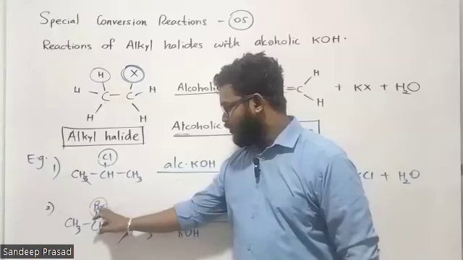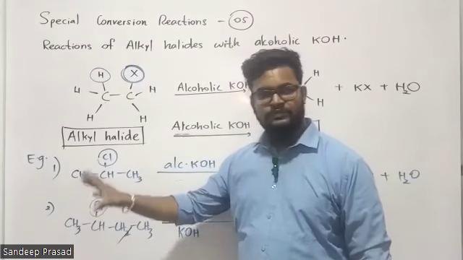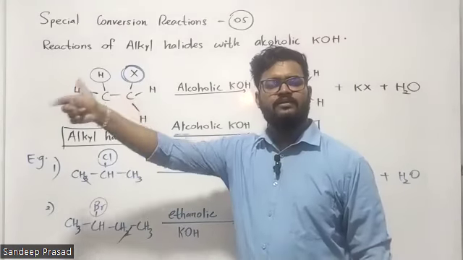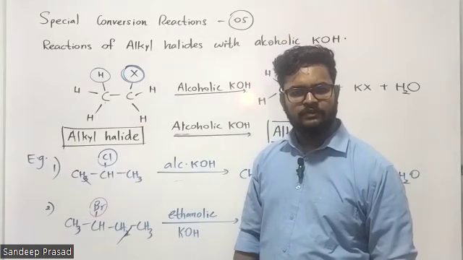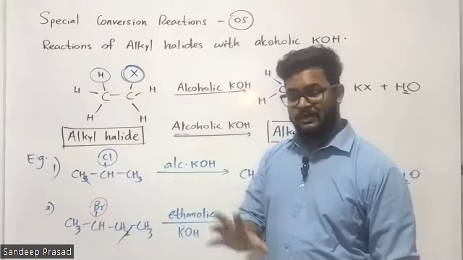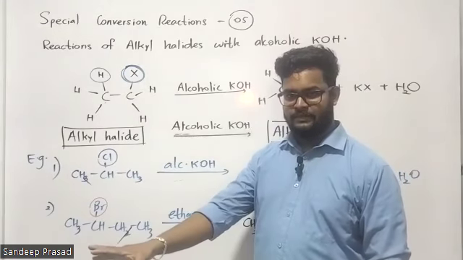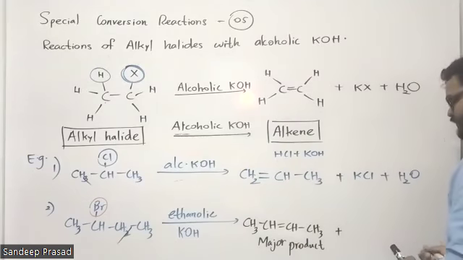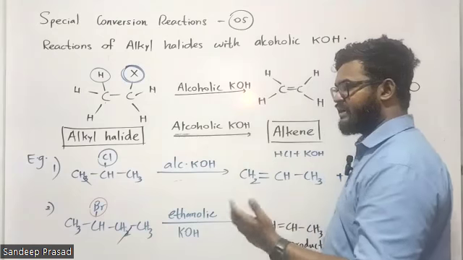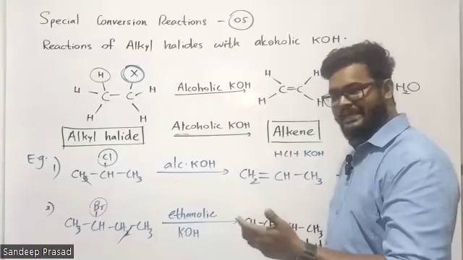But can't bromine be eliminated with one of the hydrogen atoms connected to a carbon with a greater number of hydrogens? Yes, we can consider this left-hand side carbon also. But remember, that is the minor product. There is a possibility. So this is actually considered as anti-Zaitsev. Okay. So there is no rule like that.